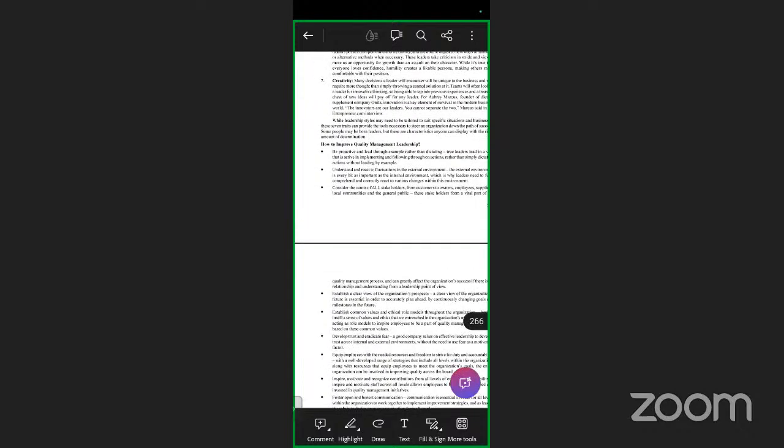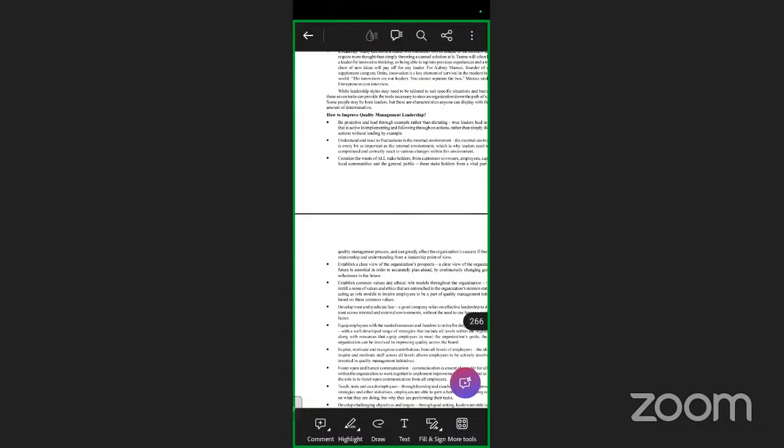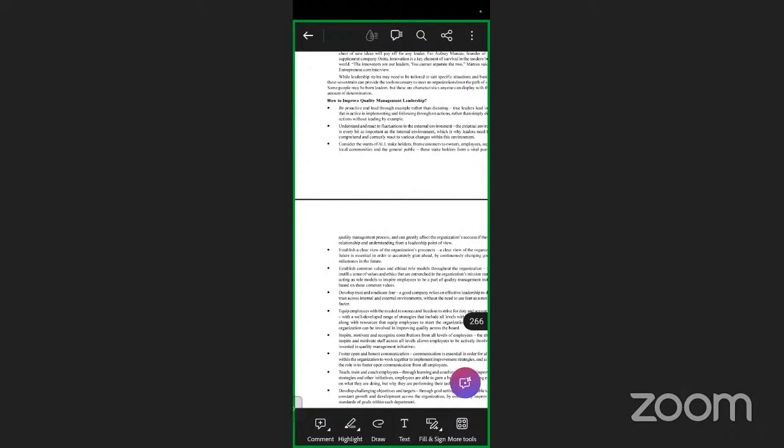Understand and react to the fluctuation of the external environment. Consider the wants of all stakeholders, customers, and owners, and establish a clear view of the organization's prospects. Establish common values and ethical role models throughout the organization. Develop trust earlier, and eliminate fear.